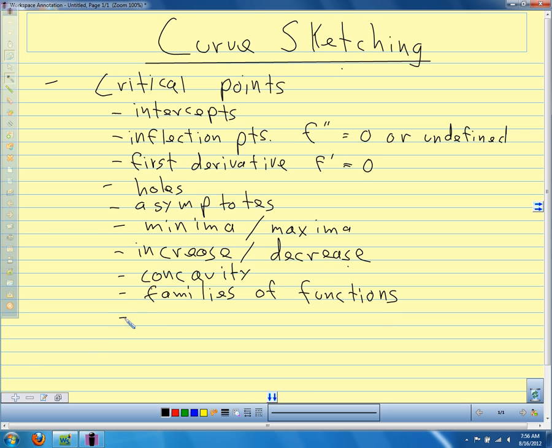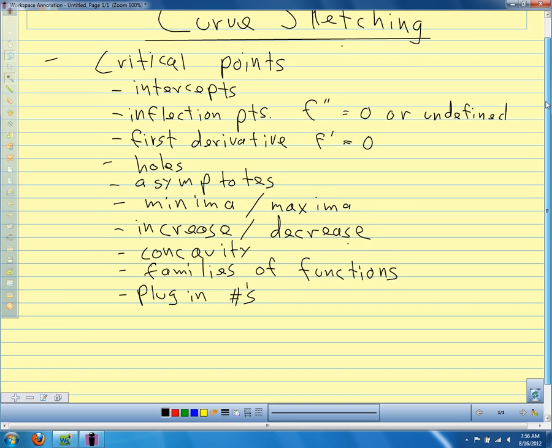If we knew where a maximum was and where an asymptote was, but we wanted to see what it looked like in between, we could plug in a few points, plug in numbers. I would do a few other things before plugging in numbers, just to have a better idea. But you could plug in a bunch of numbers, plot points, and get a pretty good idea of what it looked like. But that would take a lot of computation, especially with a complicated function.